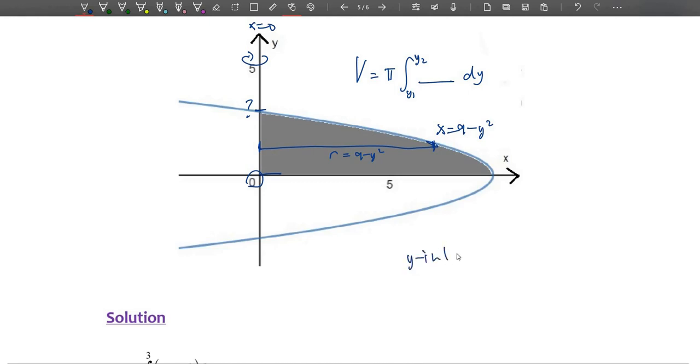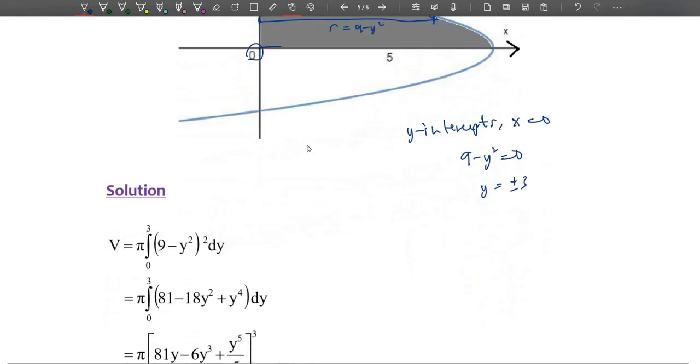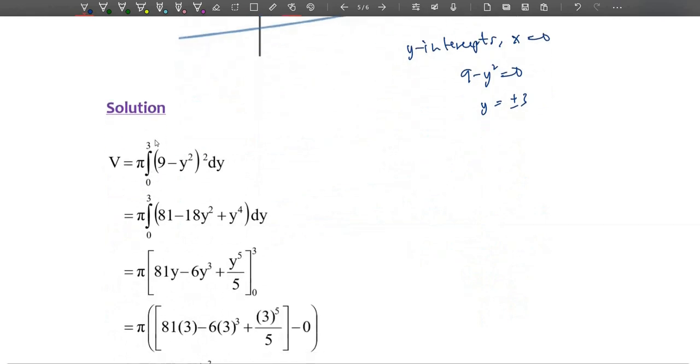Y-intercept means x equal to 0, so 9 minus y squared equal to 0, and we will have y equal to plus minus 3. Since this is the positive part, it should be plus 3. Then we integrate from 0 to 3.